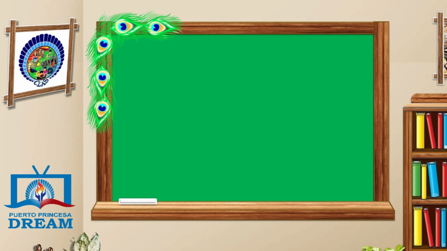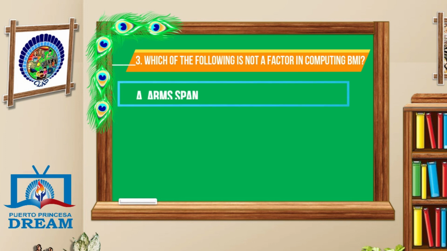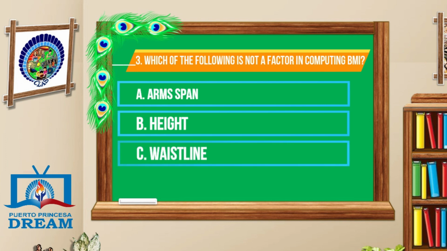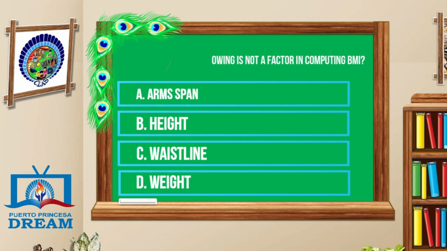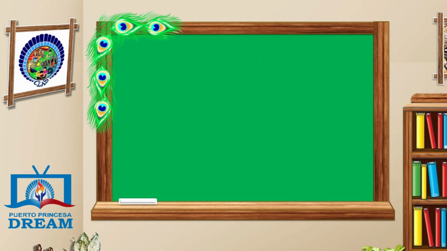Number 3. Which of the following is not a factor in computing BMI? A. Arm span. B. Height. C. Waistline. D. Weight. The correct answer is letter A. Arm span. Number 4.